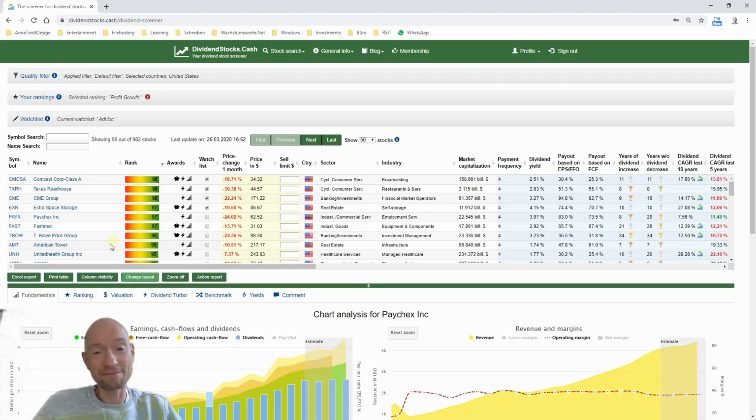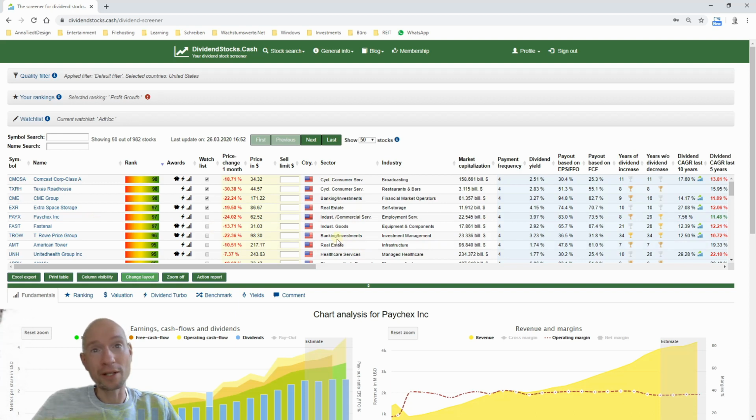Just try it and do some more due diligence, and then you can verify if the stocks really meet your criteria or not. Of course, you have to consider getting a nicely diversified portfolio. You have to consider the sector, industry, and so on.